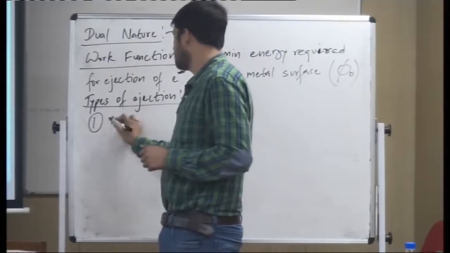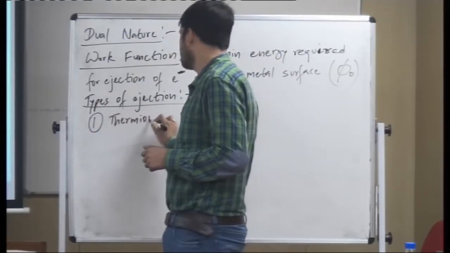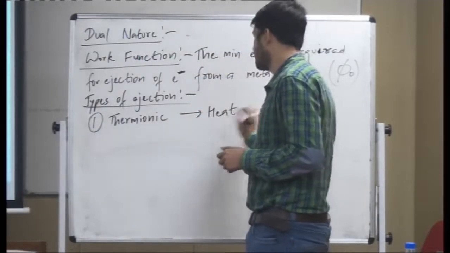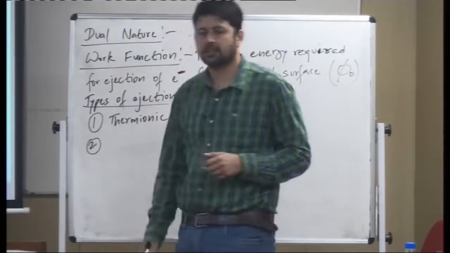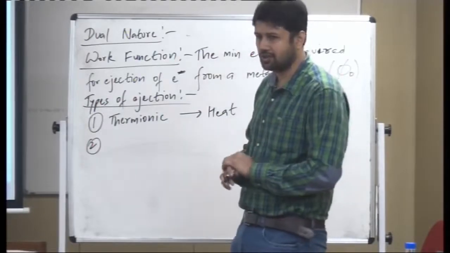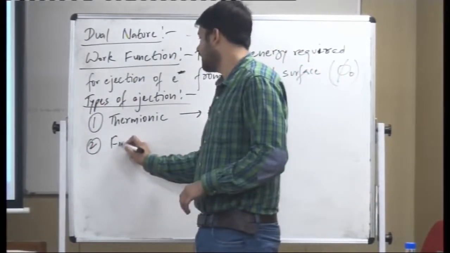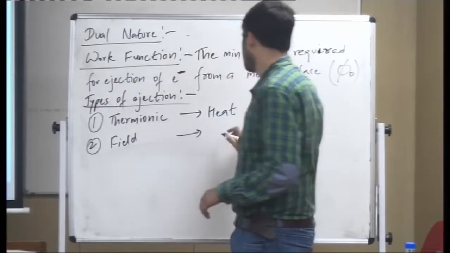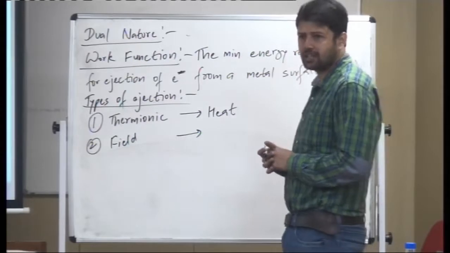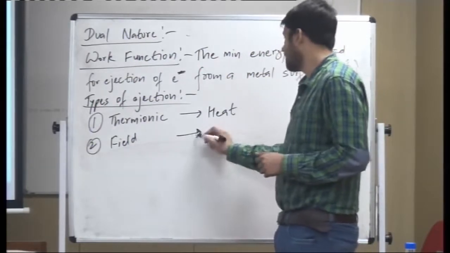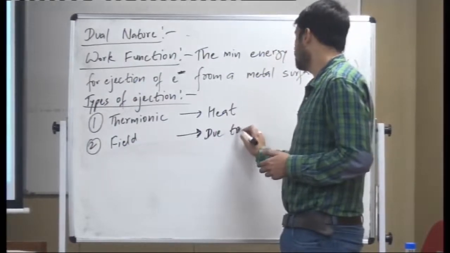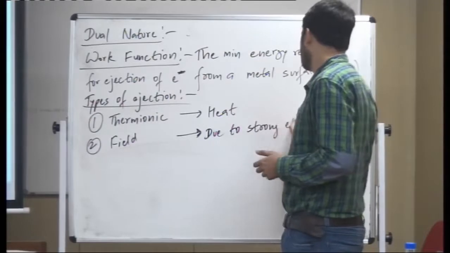First is thermionic, which is due to heat. You heat a metal, it ejects electrons, and heating means really high temperature. Then field: you apply a very strong electric field or very high potential, whatever the case, it means the same thing. So this is due to a strong electric field.